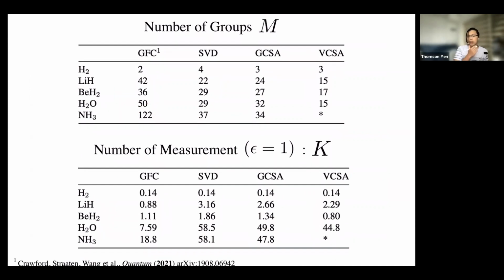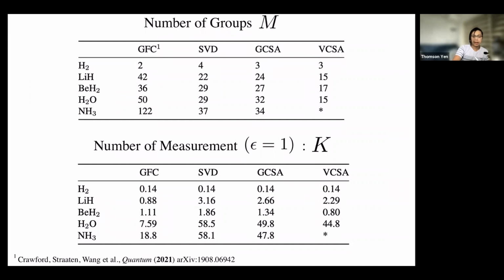It's possible that this would eventually affect the number of measurements for GFC. So if we have more shots available and look at, more importantly, the bigger molecules, then it's possible that the CSA methods and SVD methods would be superior in those regimes.